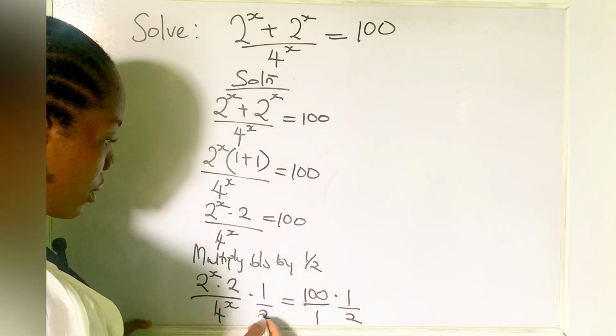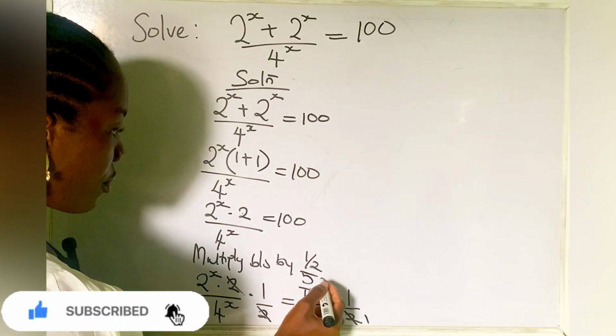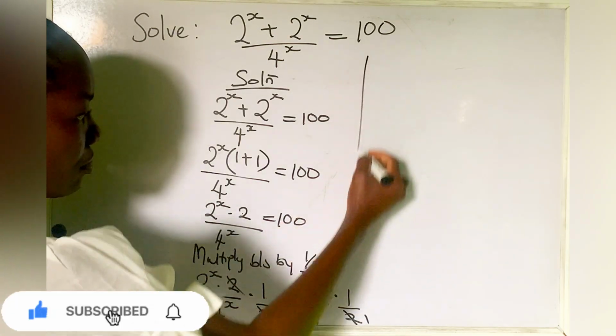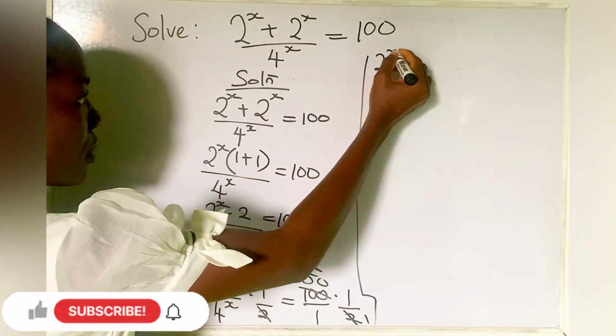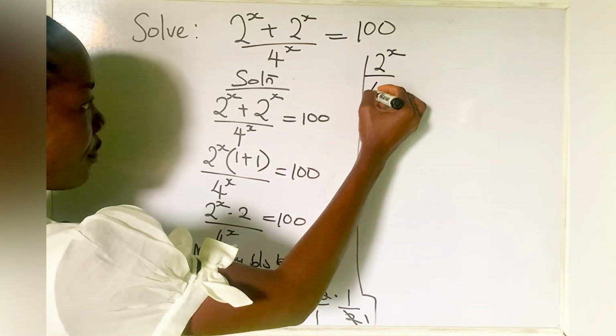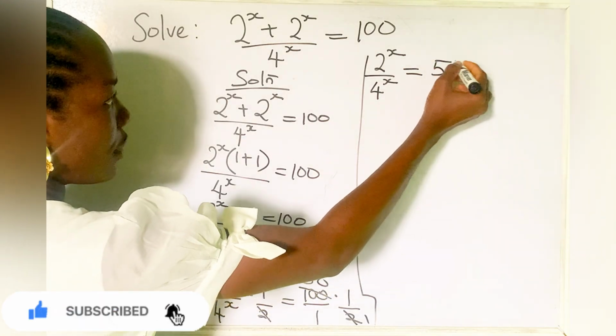This is over 1. So 2 cancel 2, 2 here 1, 2 here 50. Now we have 2 to the power of x over 4 to the power of x is equal to 50.